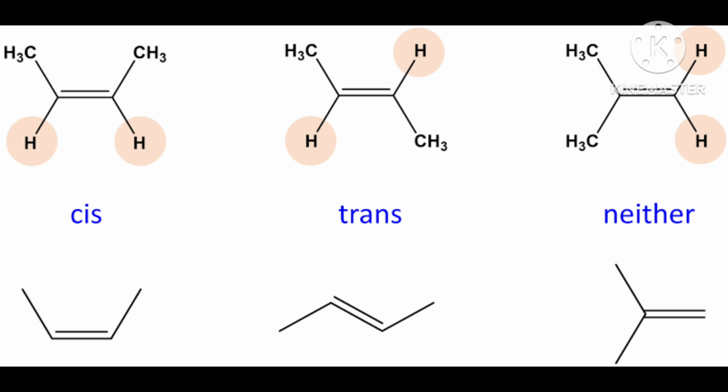On the first carbon, two different groups X and Y are attached, and on the second carbon X is common. X is on the first carbon and also on the second carbon.